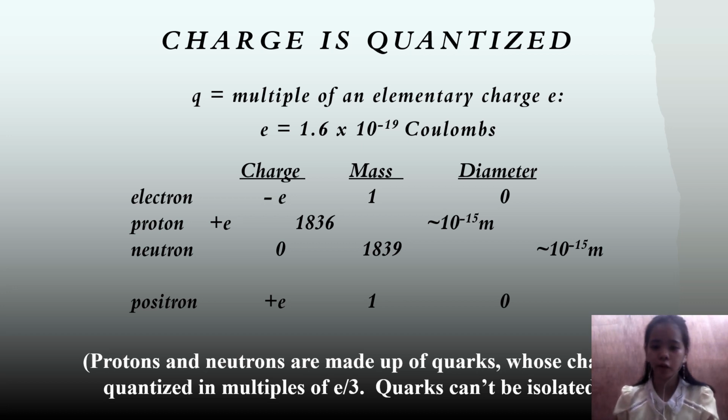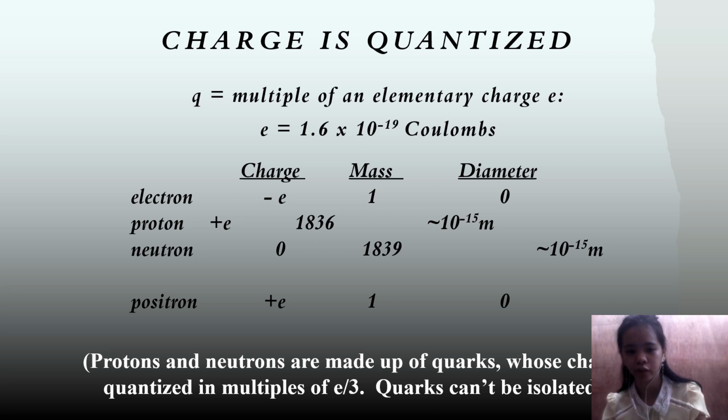The neutron is 0, its mass is 1,839, about the same as the proton. Then the positron is positive e, its mass is 1, and diameter is 0. So protons and neutrons are made up of quarks whose charge is quantized as multiples of e over 3. Quarks cannot be isolated.